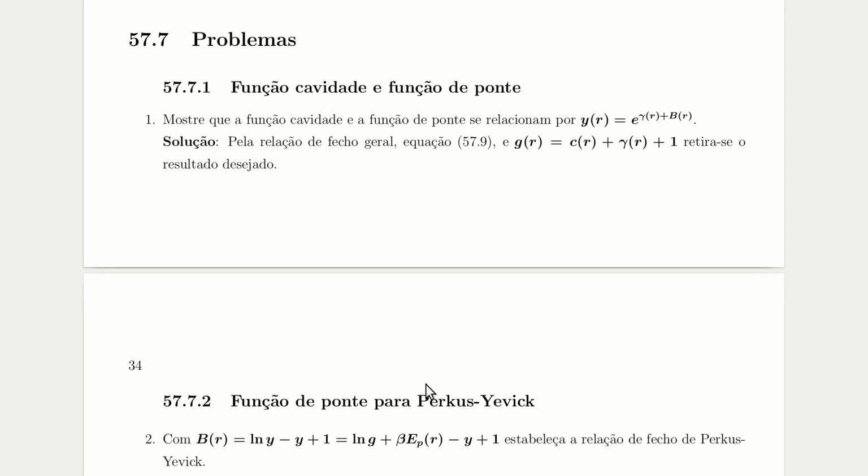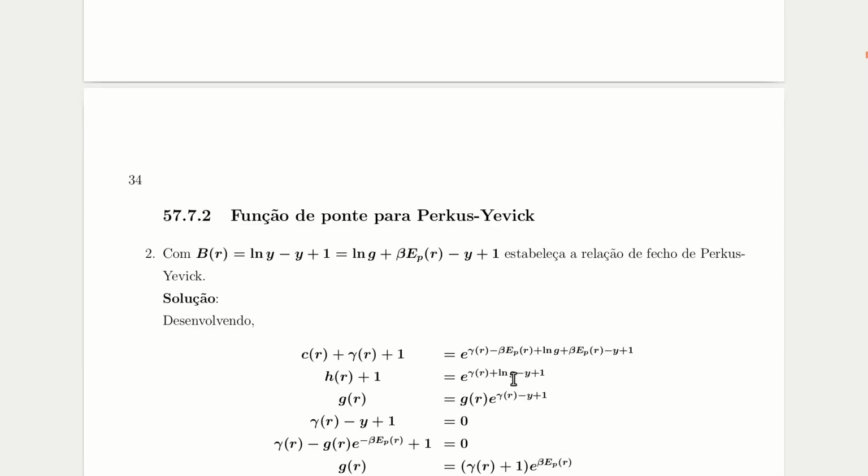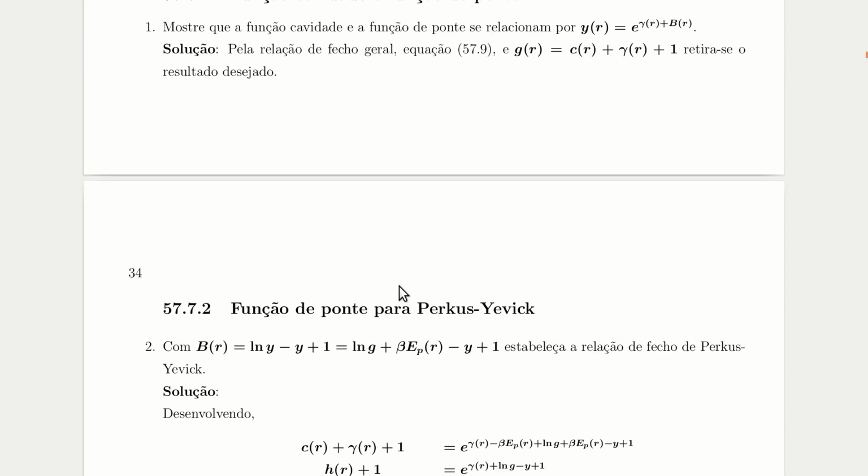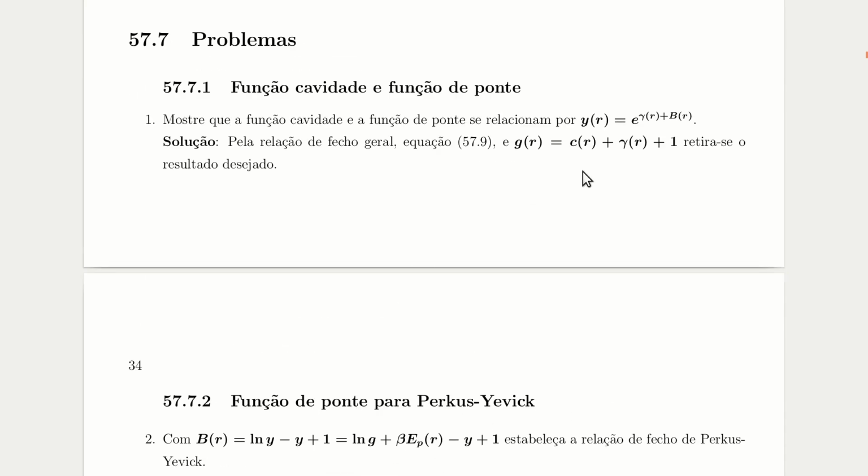For the problems, I have only 2 problems. The second one we have already discussed. That is, given this bridge function, to prove that the Percus-Yevick closure relation is given by that. It just follows the algebra. And the first one is to make a connection between the cavity function and the bridge function.